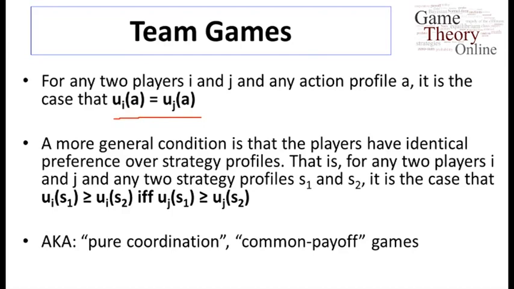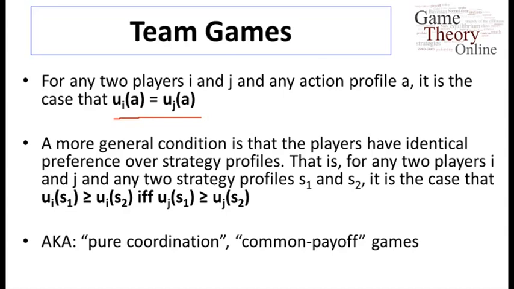In fact, this is too restrictive, because it doesn't matter that I get exactly the same payoff as you do so long as we have the same preferences. In other words, it doesn't matter if I get $1 and you get $2, if it so happens this is the best, highest payoff for each of us, that's good enough.